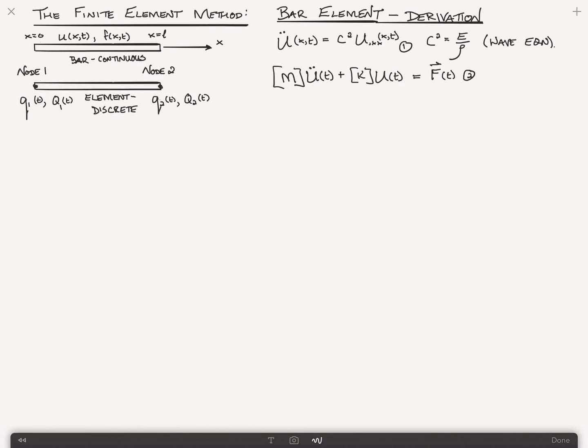So how does all this work? Well, the way it works is we assume, like we've done previously for the continuous solution, that the displacement field u of x,t needs to satisfy the two boundary conditions of the element.